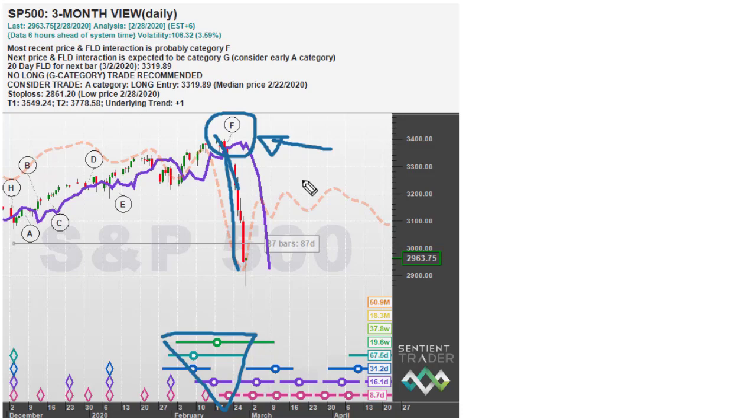If you think you're entering an F category trade, but it turns out to be a D category trade, not such a good thing, but still not a problem, because you are trading in the right direction, and that's what's important. If it turns out to be a D category trade, whereas you were expecting an F category trade, then you need to be a little quicker getting out to protect any profits you've made, or you'll see them disappear as price crosses up above the FLD again. So that's the first thing that I wanted to say.